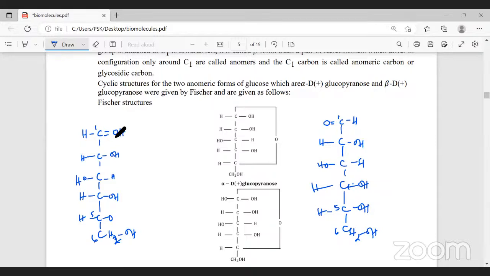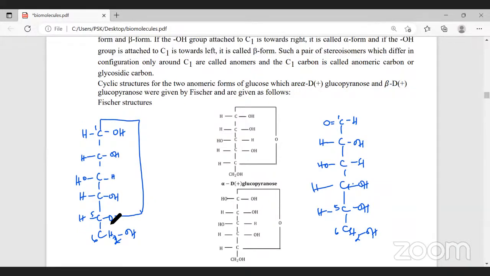So the valency of carbon-oxygen increases, therefore the pi bond breaks. When the pi bond breaks, the valency of carbon is also not satisfied. There are only 3 bonds. Therefore, the first carbon atom and the fifth carbon atom will get bonded through oxygen. This is a ring structure.